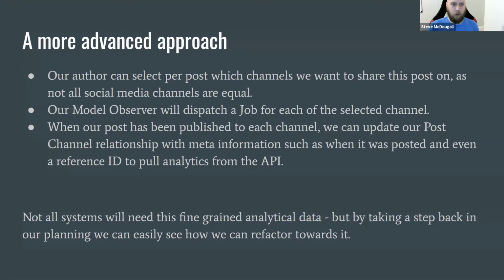And then that job is in charge of, like, post to the API, we've hit the rate limit, we'll retry again in 10 seconds, post to the API, it failed, log it as a failed job. It allows you to kind of granularly break these things down a little bit more by using core behavior. So not all systems need this size or this approach, because it's more work to create this.